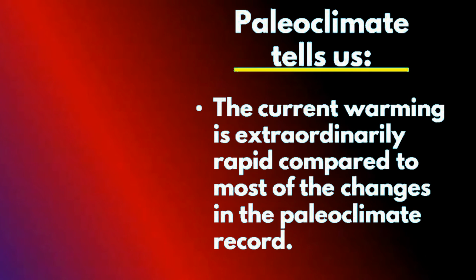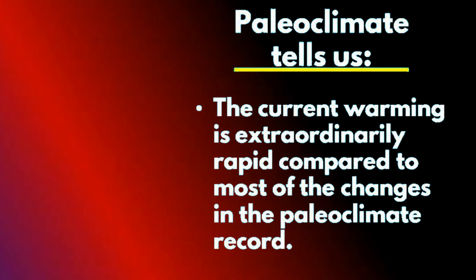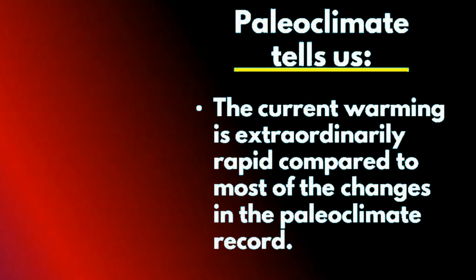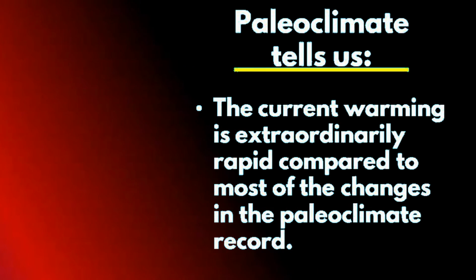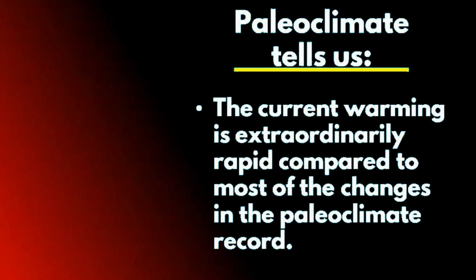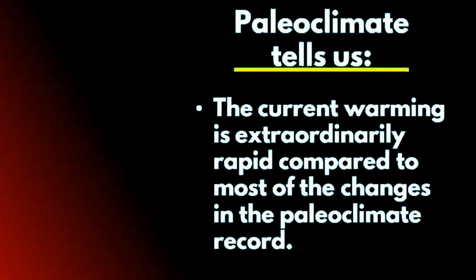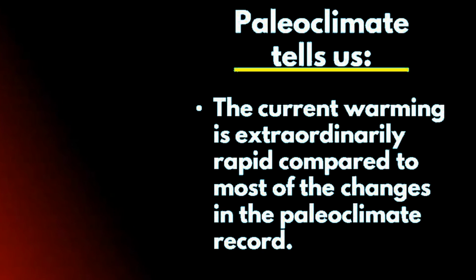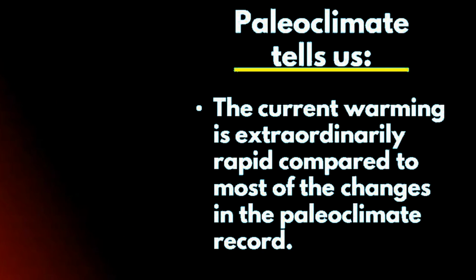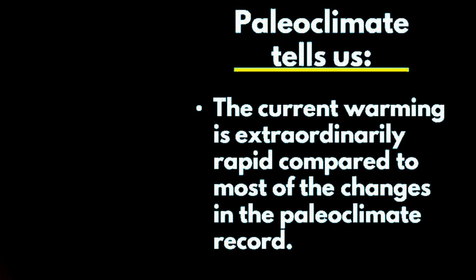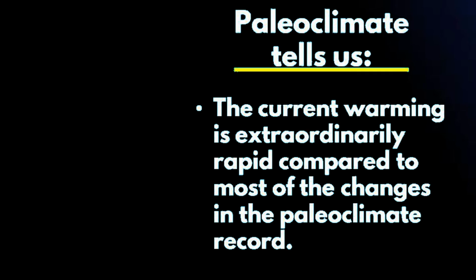The current warming is extraordinarily rapid compared to most of the events that have happened in the paleoclimate record. There are some interesting climate events that were similarly fast. Typically they were caused by something like a volcanic eruption or a comet impact, where things changed one day, and now the ice sheets are retreating because there are more greenhouse gases in the atmosphere.